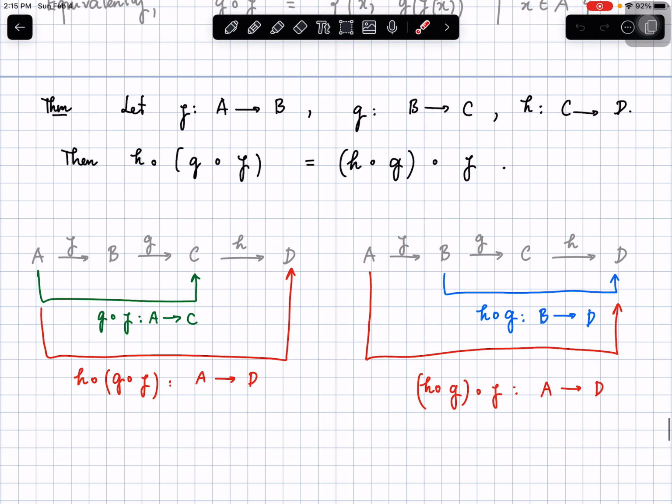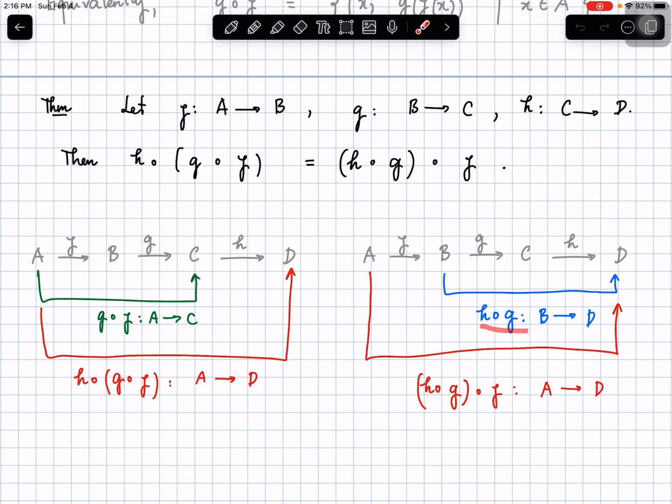So first let's see in this picture we have f, a function from A to B, g from B to C, and h from C to D. So we have function g∘f from A to C, and h∘g∘f is from A to D. So the domain of h∘g∘f is A, the codomain is D. Similarly, we also have the domain of h∘(g∘f) is A, and the codomain is D. So h∘g, we do g first and then h.